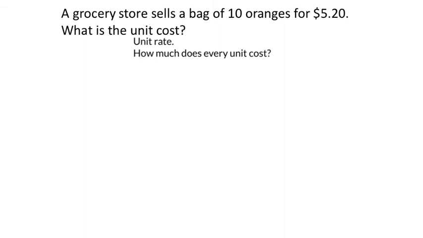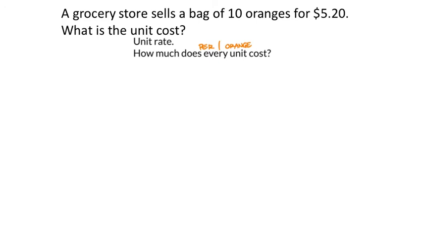And the reason why this is important is because what are the units in this one? Well, we know it's not cost because it's already asking about cost. So the unit on this one is actually the oranges. And you could even say, well, it's the per 1 orange cost, or the cost per 1 orange, however you want to word that, okay?